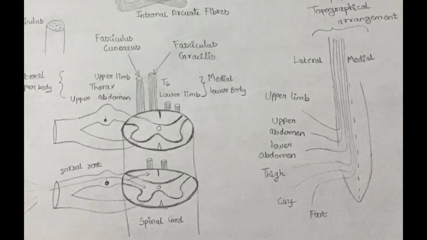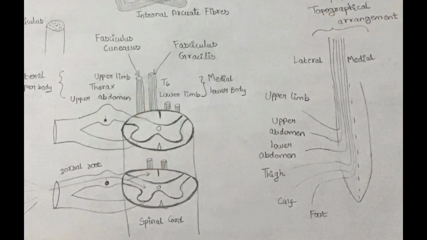Also note that the sensory nerve fibers from the lower part of the body go on the medial side of the dorsal column, and the sensory nerve fibers from the upper part of the body go on the lateral side of the dorsal column, and this kind of arrangement is known as topographical arrangement.